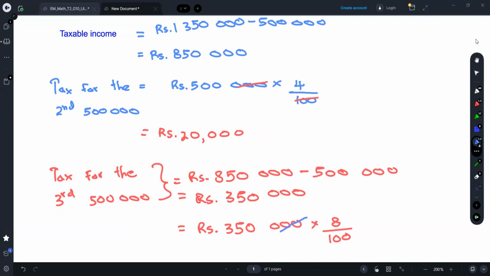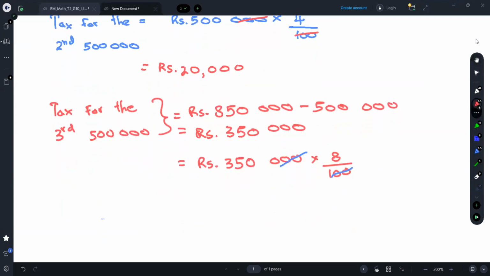Then these two zeros we can remove, equals to 28,000. 35 times 8, 8 times 5 is 40, 0, 4 remaining, 8 times 3, 24 plus 4, 28. 28, 2 zeros are remaining here. 28,000.